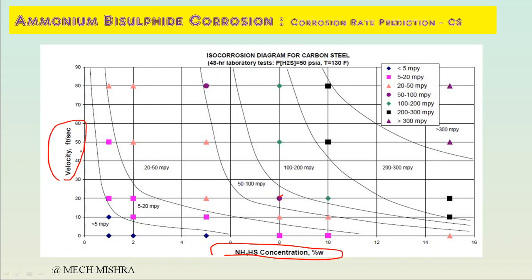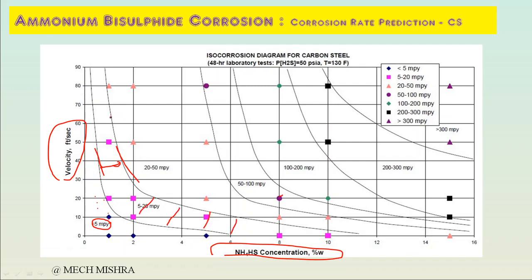Based on velocity and NH4HS concentration, if we fall below this line, then my corrosion rate will be less than 5 mpy. If we fall between these two lines, then our corrosion rate is 5 to 25 mpy.